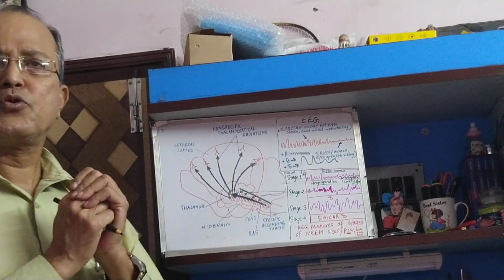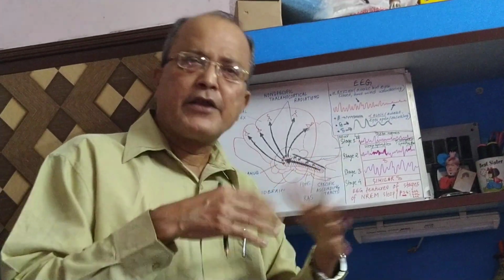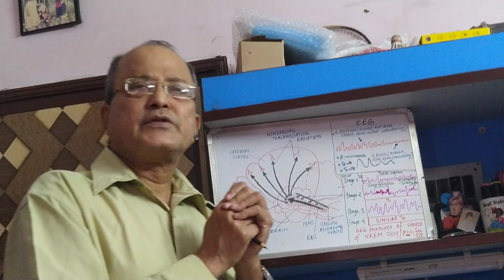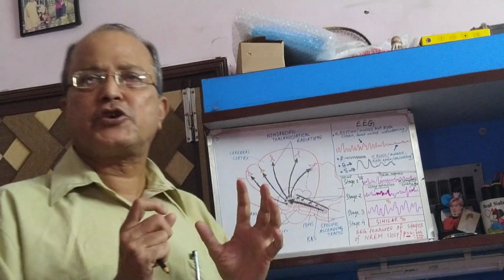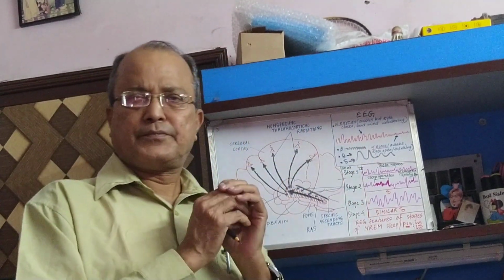Now, during sleep, what happens to different parameters of our body? Parameters like the heart rate, pulse rate, then the coelomic temperature or the core temperature of the body, they all decrease.